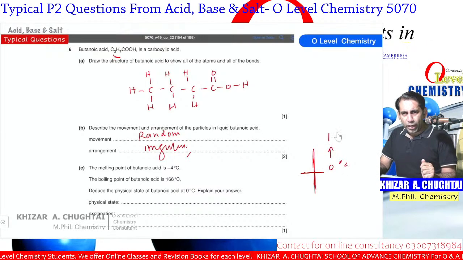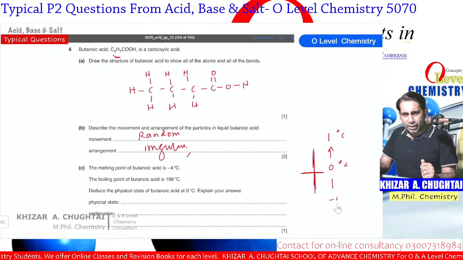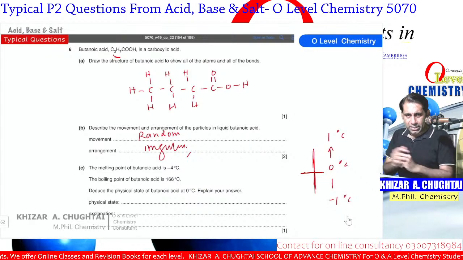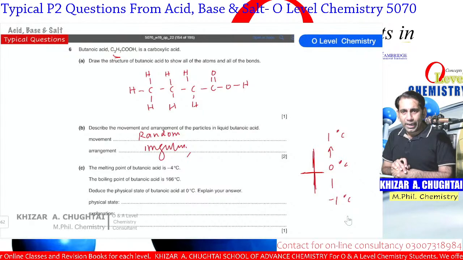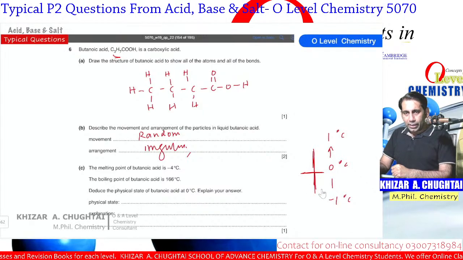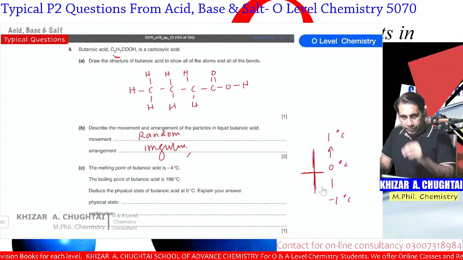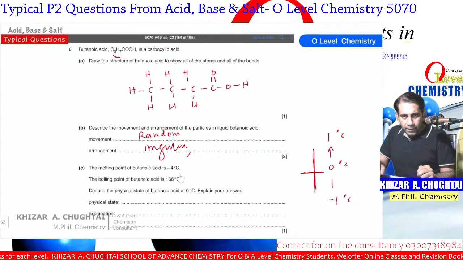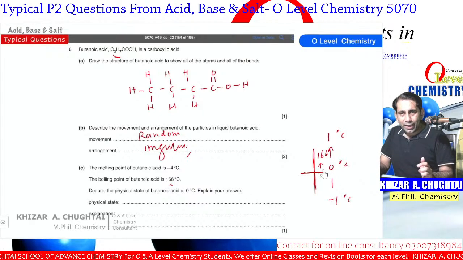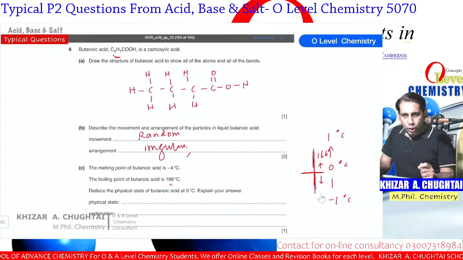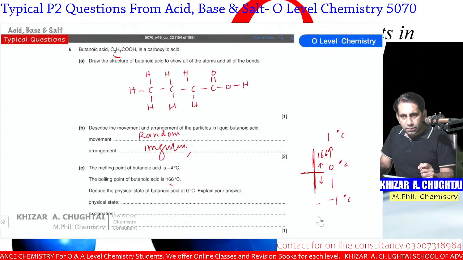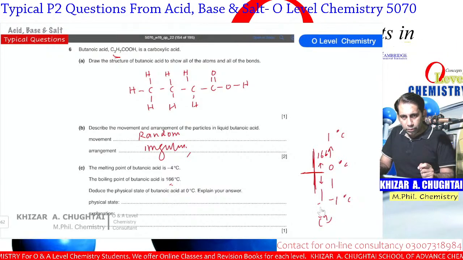Let's suppose 1 degree Celsius, and here is minus 1 degree Celsius. So what about its boiling point? Its boiling point is over here, 166. Its boiling point is higher, but its melting point is lower, at minus 4.